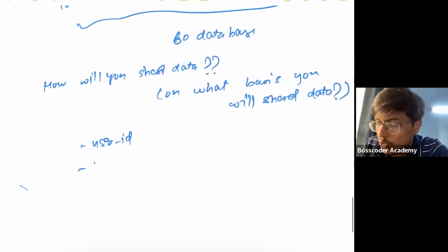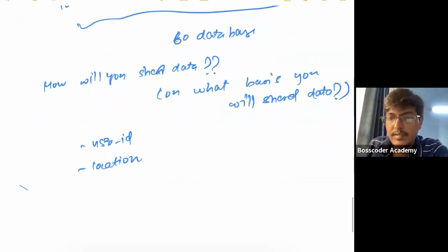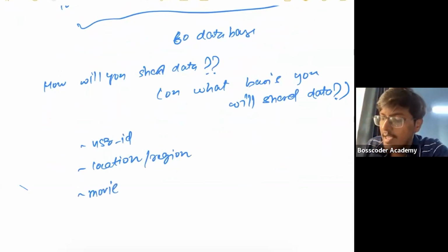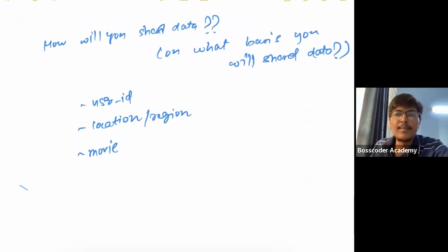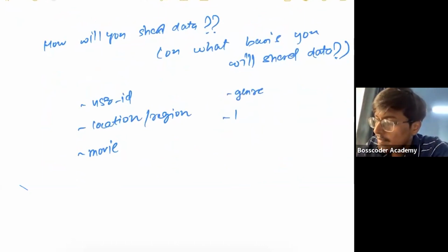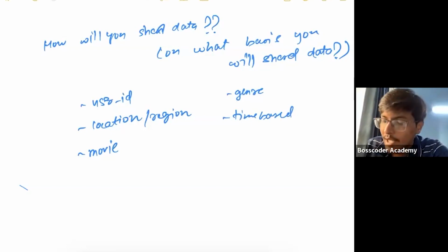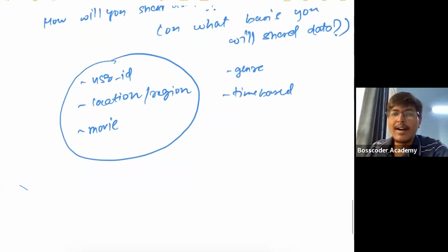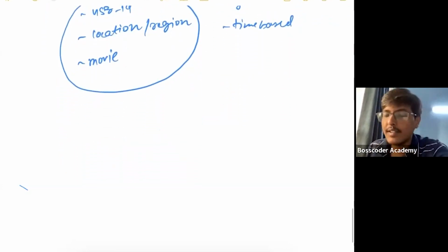Someone is saying based on location, region. Someone is saying I can store based on movie. You can also do generic, time based. I will not take all of them since I don't have a lot of time, but I will take these three and discuss the advantages and disadvantages. More you can then do by yourself after this class.